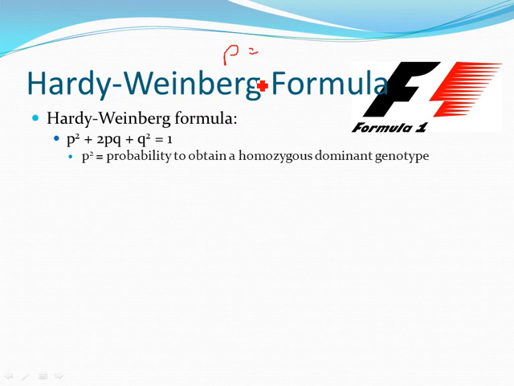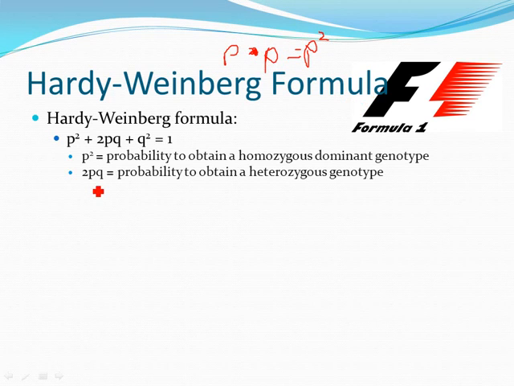We also know that we always get an allele from our mom's side and from our dad's side. So the frequency of getting a dominant allele from our mom's side has to be multiplied by the frequency of a dominant allele from our dad's side. That's how we get p squared.